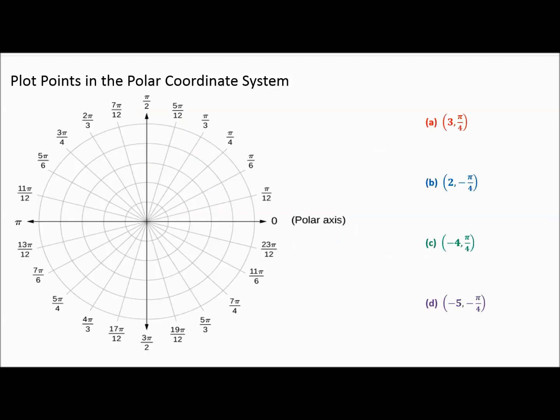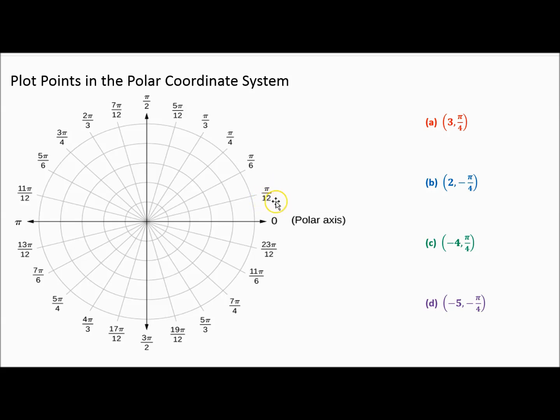All right, so let's practice this a little bit more. I want to plot points in the polar coordinate system. Now notice my polar coordinate system. This time I have angles drawn out for you. It depends on your polar grid. You will always see these circles radiating outward. What may differ is what angles are represented. This one is pretty detailed.